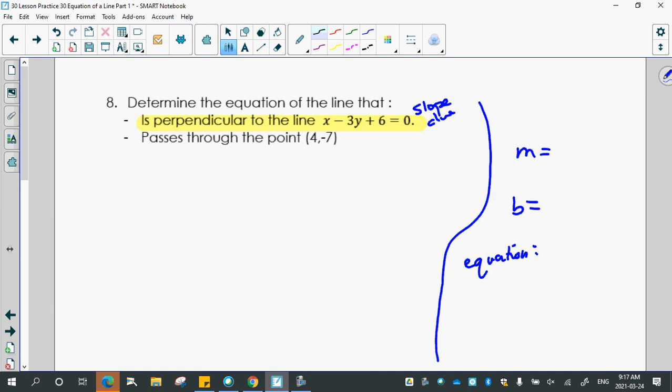Okay? So in order to get the slope of this line, what would I have to do? I want the slope of this line. Yes. Reese. Put it into the form y equals mx plus b.